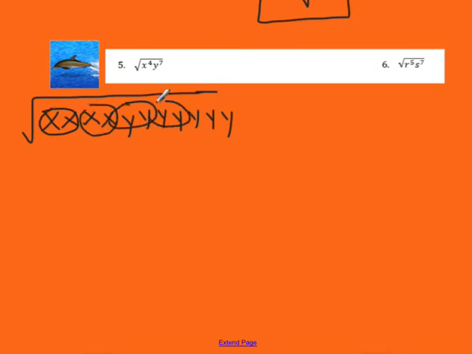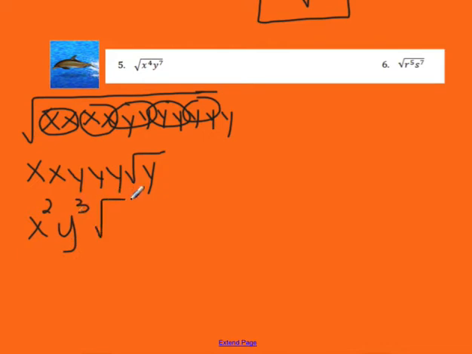Pair of y's, pair of y's, pair of y's. So then on the outside I have 2 pairs of x's and 3 pairs of y's. And left underneath the radical is just that y without a pair. So I have x squared for my 2 x's, y cubed for my 3 y's, and then left underneath the radical is the square root of y. So I have x squared y cubed times the square root of y.